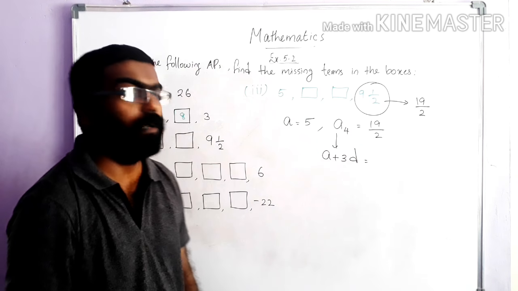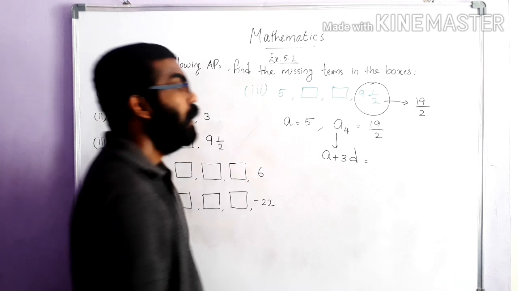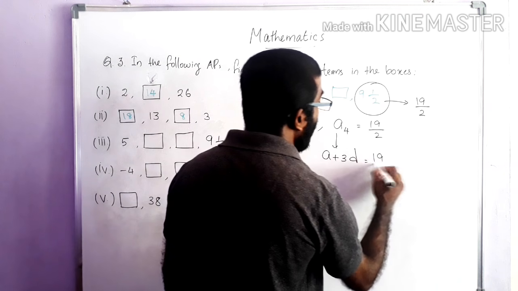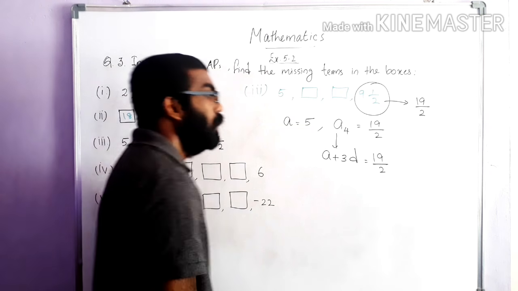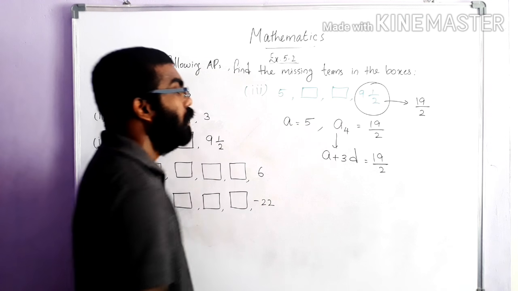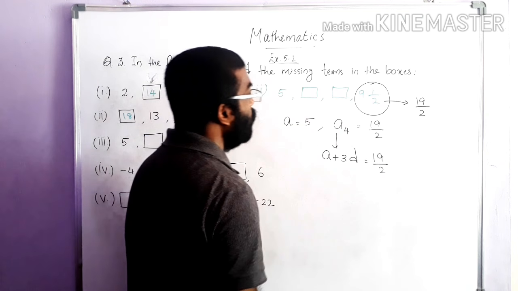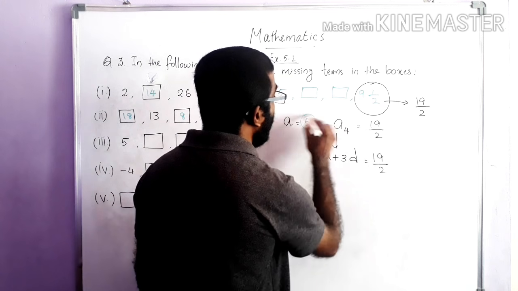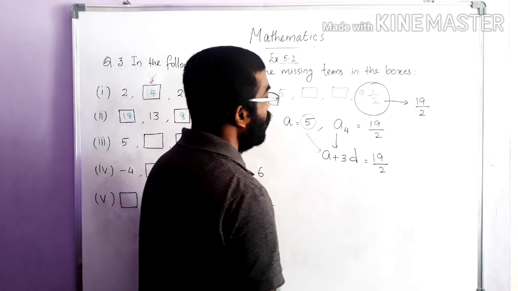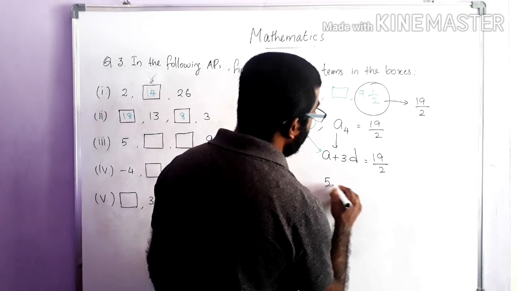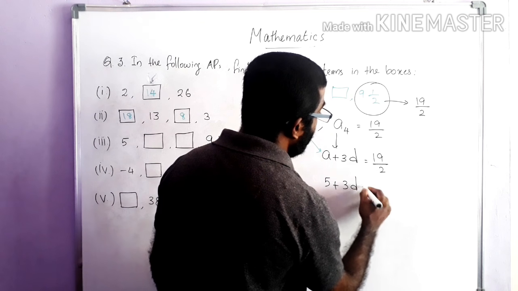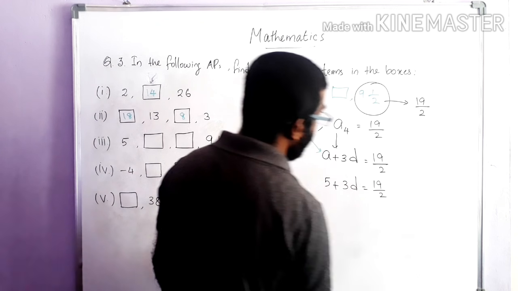So the fourth term is A plus 3D, and it is equal to 19 by 2. Is it clear? Okay. Now we can substitute the value of A here. Here A is 5, so 5 plus 3D is equal to 19 by 2.